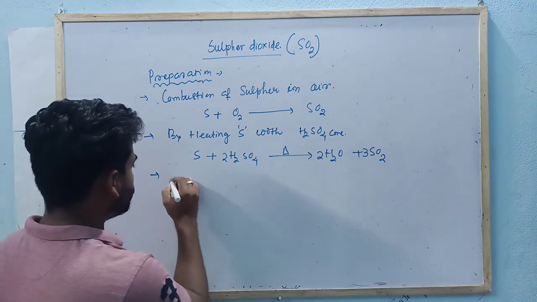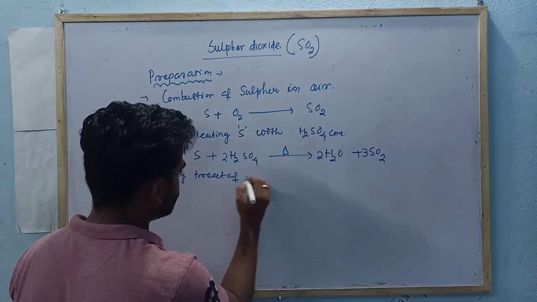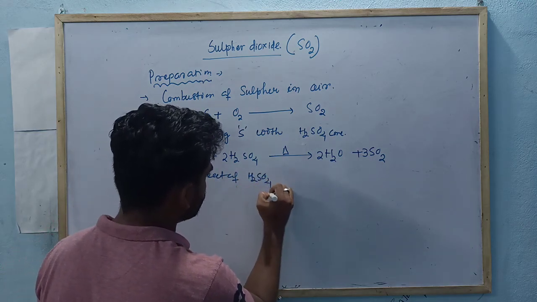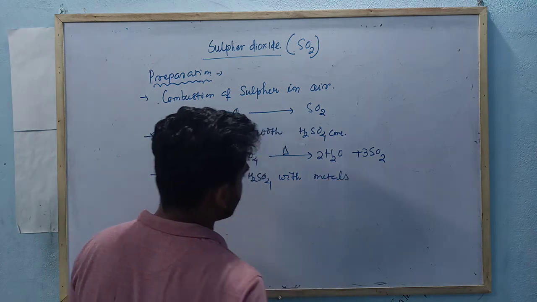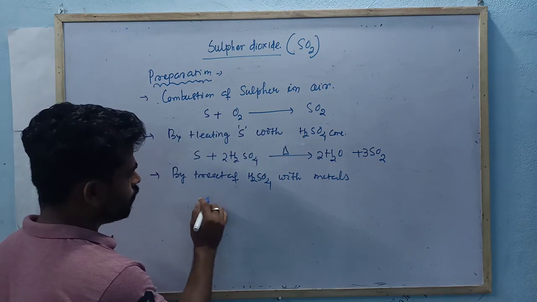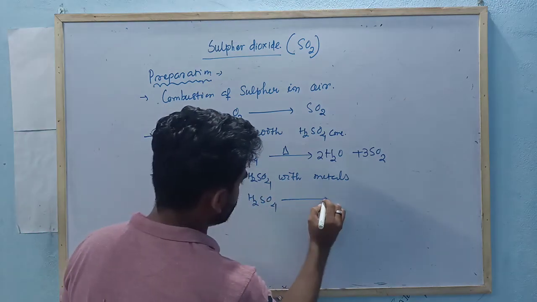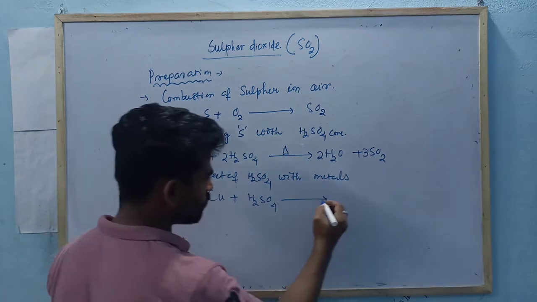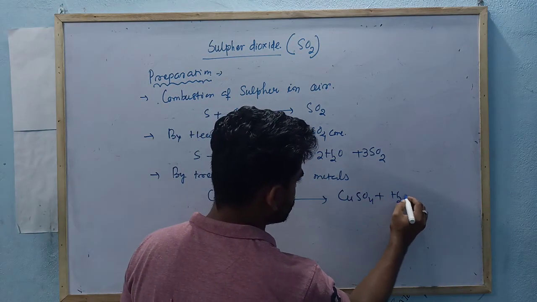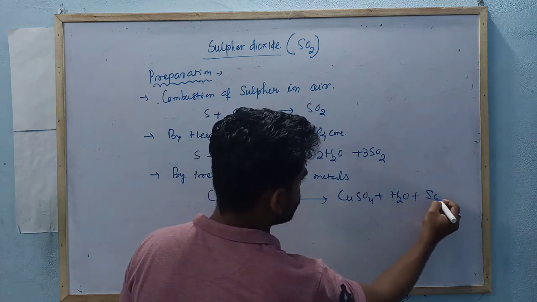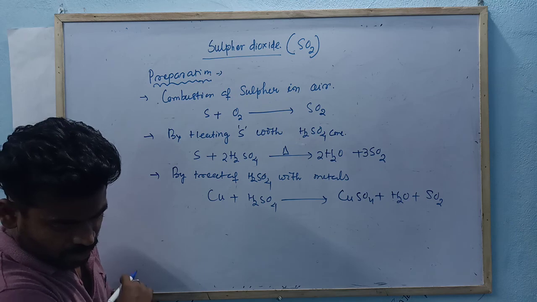So by treatment of H2SO4 with metals: if you treat copper plus H2SO4, it will give you CuSO4 plus H2O plus SO2. This is the reaction with copper.